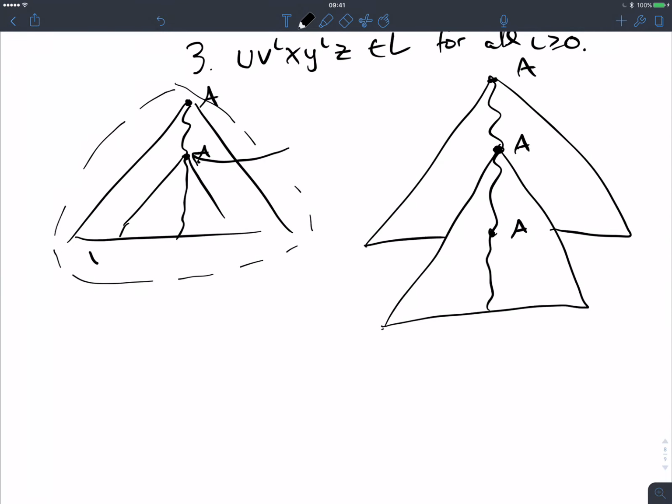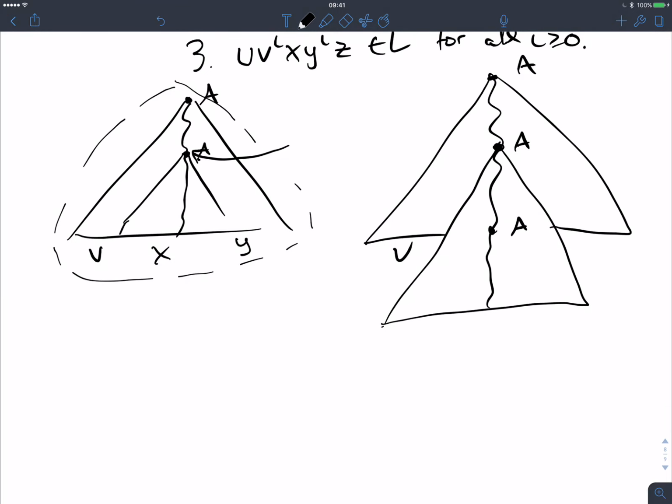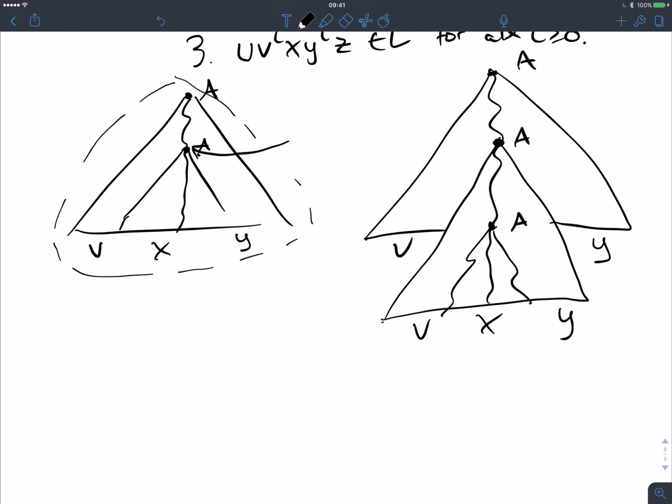So what is this? Remember, it was Vxy from before. So this is V here. I'm still going to generate the same things, so I'm going to have Vxy right here and another Y right there. And the U zone is very outside. I'm not worried about that yet. So this is just a graphical representation. If I do this copying process over and over, I'm going to get another copy of V and Y every single time. So the number of copies of V and Y are always going to be the same. Okay? Any questions?